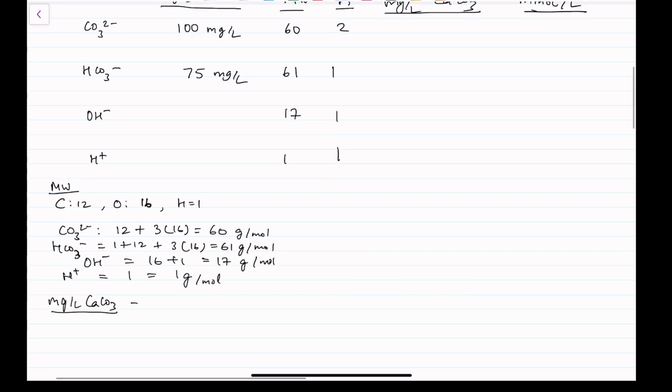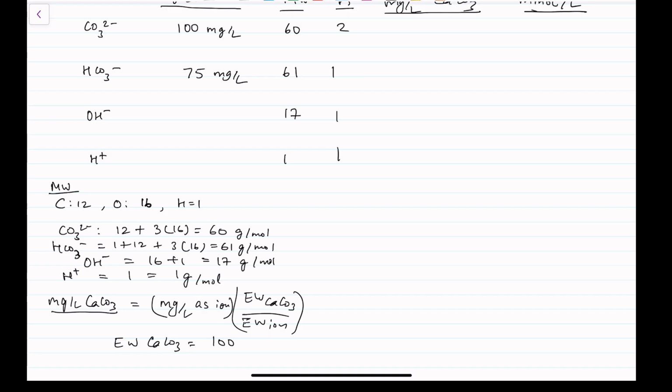So we calculate that as, and the equivalent weight of CaCO₃ is 50 gram per equivalent.